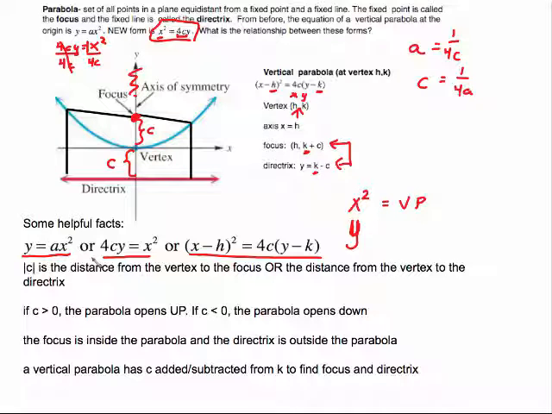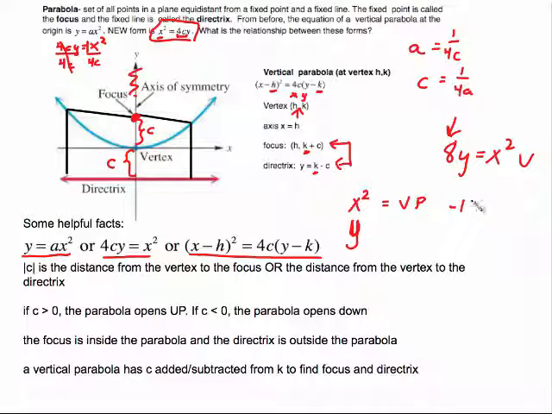So already said c, absolute value c, is the distance from the vertex to the focus, or the distance from the vertex to the directrix. And if c is greater than 0, the parabola opens up, and if c is less than 0, the parabola opens down. So if you had 8y equals x squared, that's a positive number, this opens up.